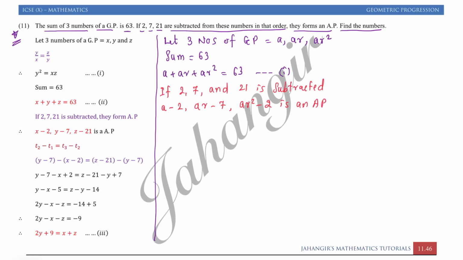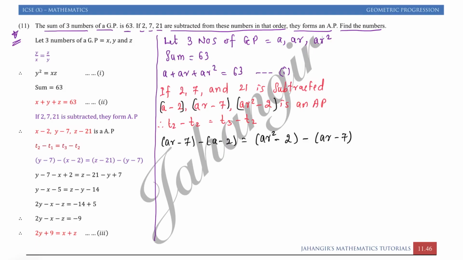Second term minus first term is equal to third term minus second term. The difference between consecutive terms is the same. So here the second term ar minus 7 minus the first term a minus 2 is equal to the third term ar square minus 21 minus the second term ar minus 7. Hope you understood this.